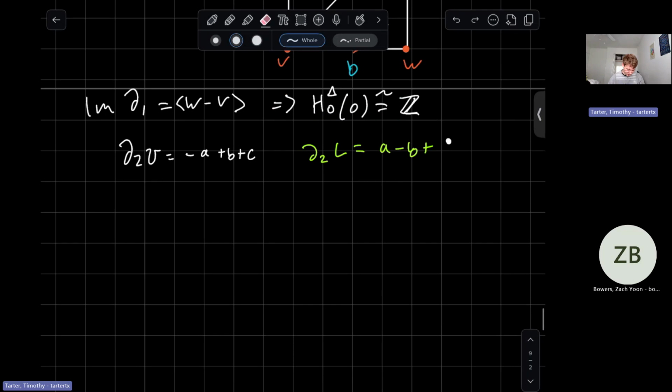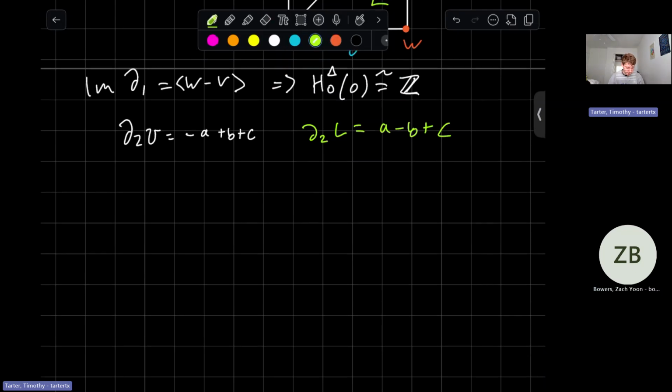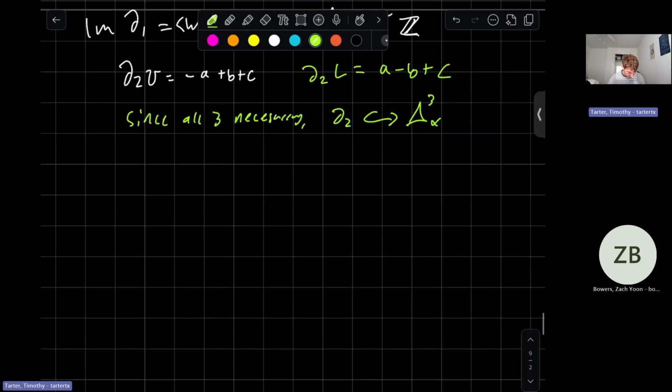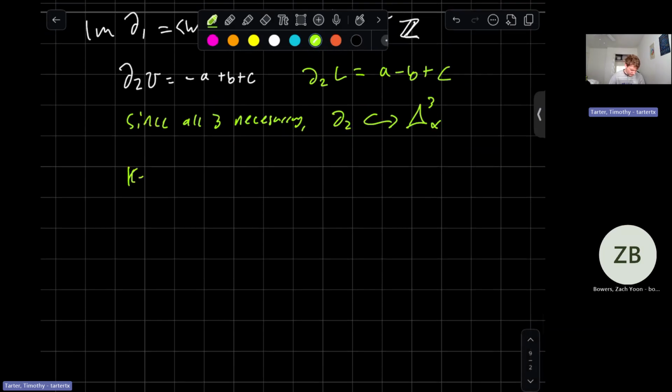At any rate, the point of this is that it has something to do with using all three basis elements. So since all three are necessary, partial two is injective to delta one.